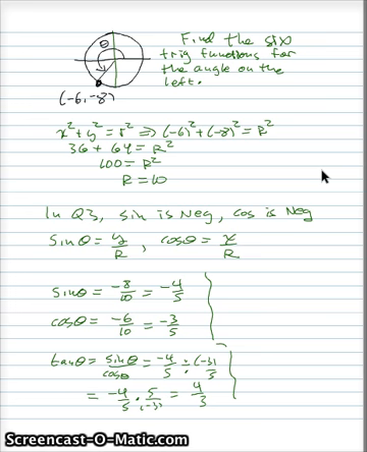Cosecant of theta is reciprocal of sine. So we're going to flip sine upside down. So 1 over negative 4/5 is going to be 5 over negative 4, or negative 5 over 4. The secant of theta is reciprocal of cosine, so flip negative 3/5 upside down. You're going to get negative 5/3 for secant.